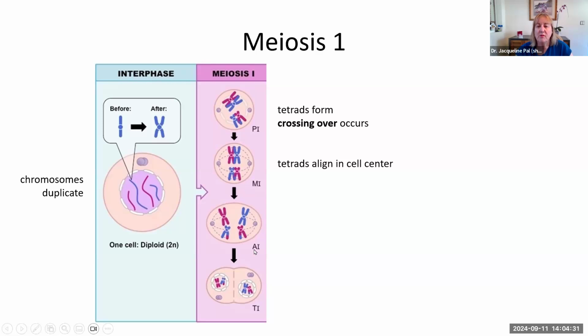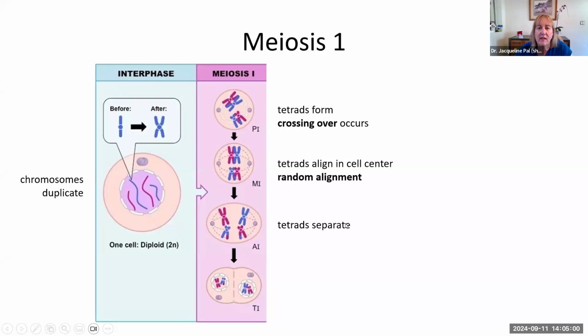From there, we're going to move to anaphase 1, where the spindles are going to pull apart, only we're not pulling sister chromatids apart. We're going to be separating the tetrads at this point in time. So we are going to have a full chromosome, 2 sister chromosomes for each number going to each side.